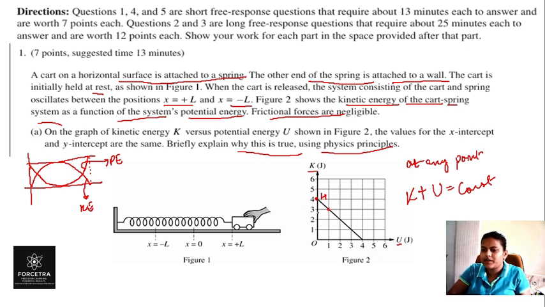At this point, can you tell me what the kinetic energy is? 3 and potential is 1, then it's 4. At this point, can you tell me kinetic and potential? They're 2 and 2. So it's 4, right? At this point, 1 of kinetic and 3 of potential, yes. So it is 4. So at every point, kinetic plus potential is constant, which is equal to 4.